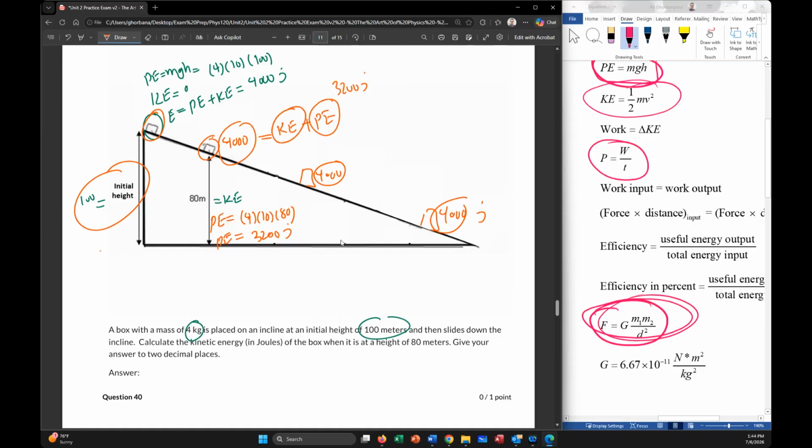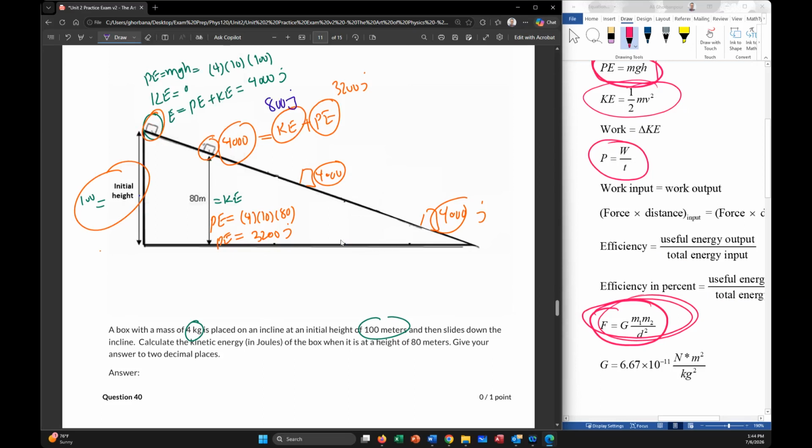What is the kinetic energy here then? What number should be added to 3,200 to become 4,000? 800. Good. Make sense? Because the total energy should be conserved.